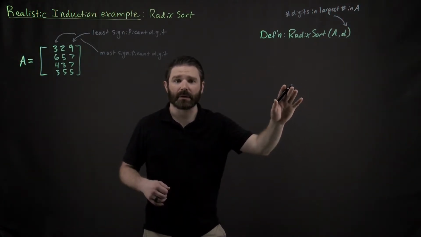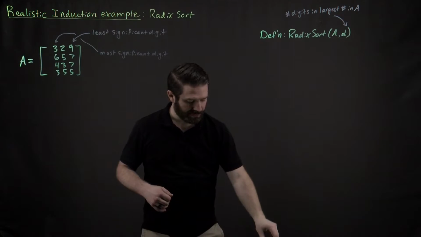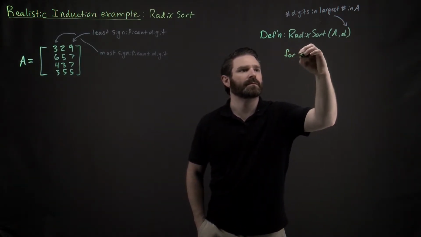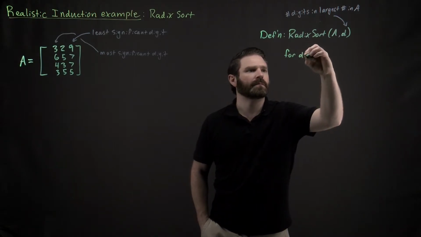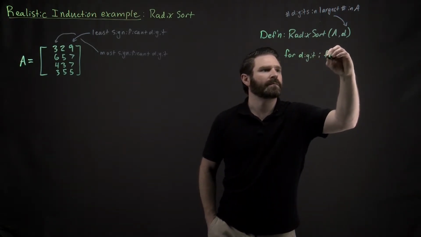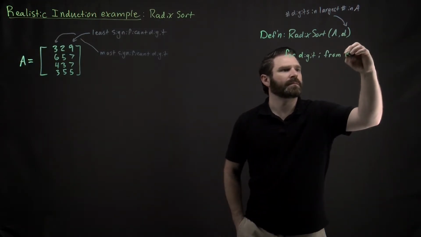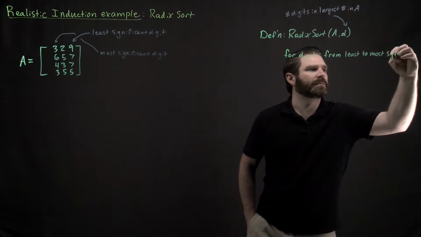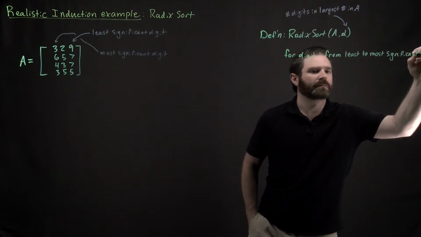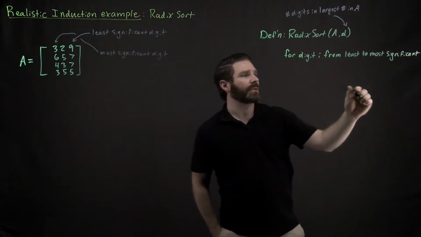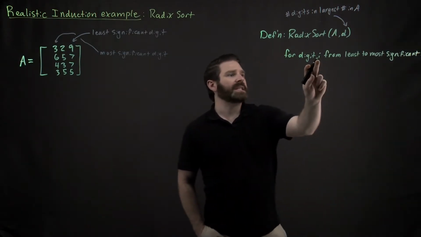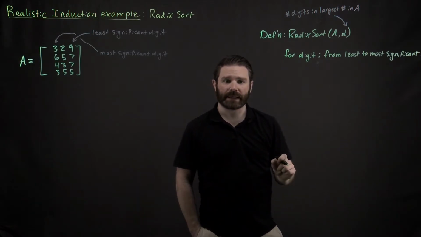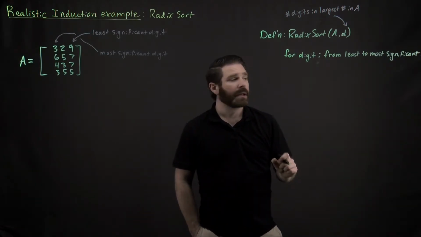So the way that this algorithm proceeds is as follows. It goes for digits I from the least to most significant, and it does the following.